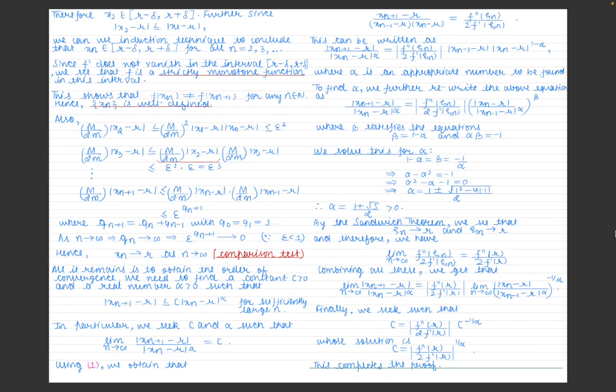If you solve it with the quadratic formula, b squared minus 4ac, all over 2, alpha has to be (1 plus root 5) by 2. We choose the positive square root, and this is precisely the candidate for the order of convergence.